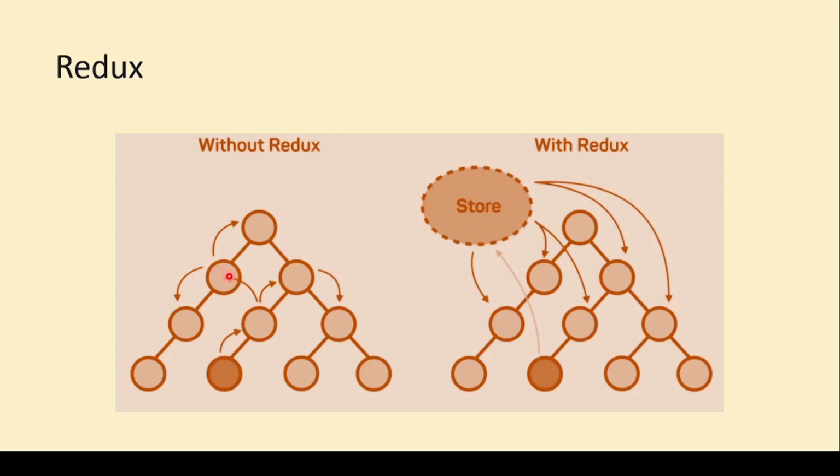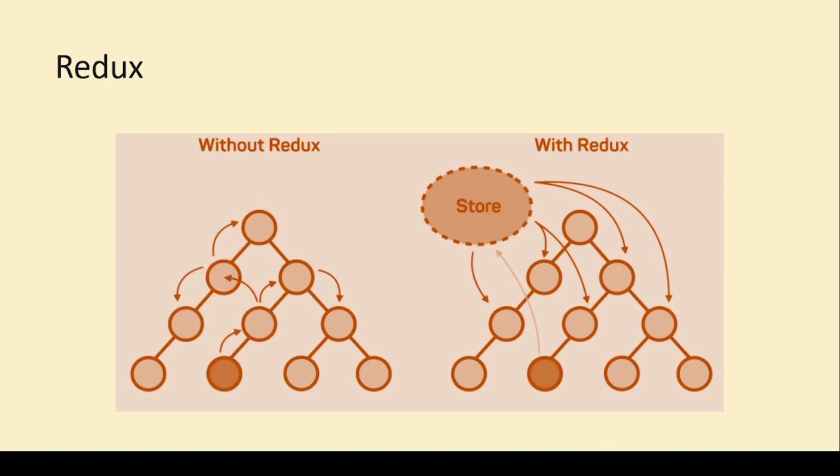So instead of delivering it directly, you pass the message through every person in the hierarchy until it reaches the recipient. This is how the data flows in React without Redux. Each component must pass the data to the next, even if they don't need it, which can be tedious and messy. And this concept is called prop drilling. If something changes, you might need to resend the message through the entire chain.